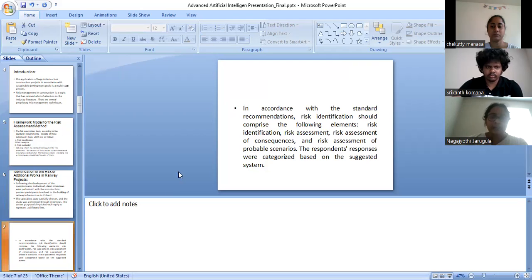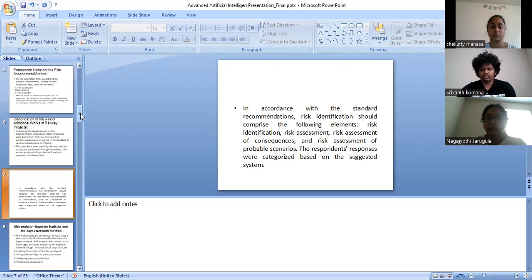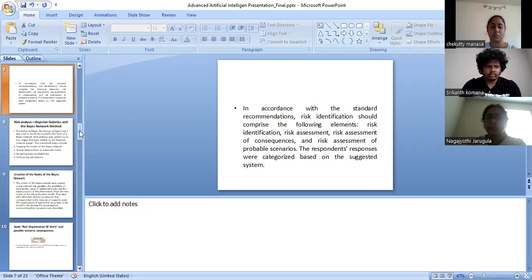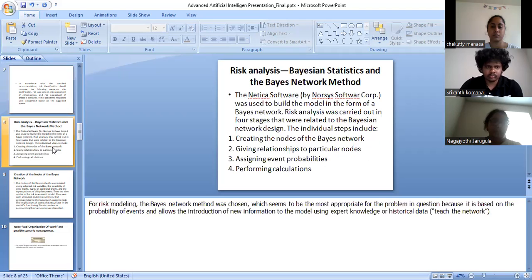In accordance with the standard recommendation, risk identification should include the following elements: risk identification, risk assessment of consequences, and risk assessment of possible scenarios. The respondents were categorized based on this suggested system. Next topic, my teammate Shrikant will continue.